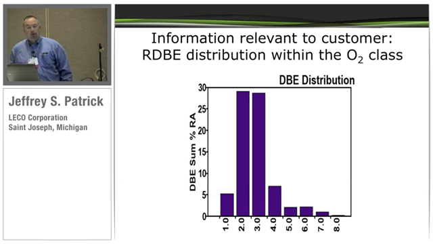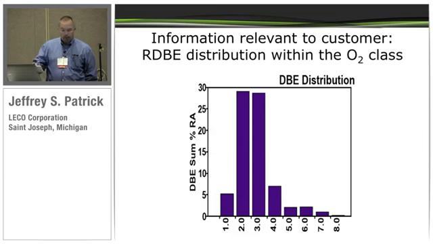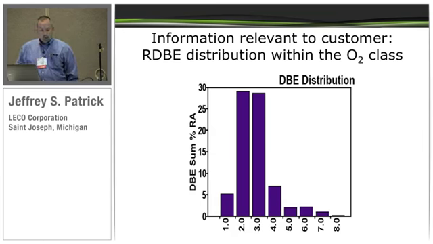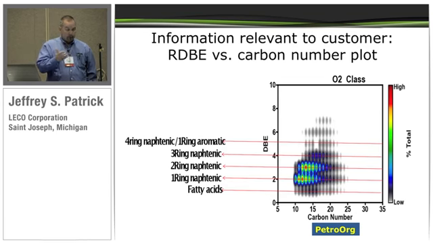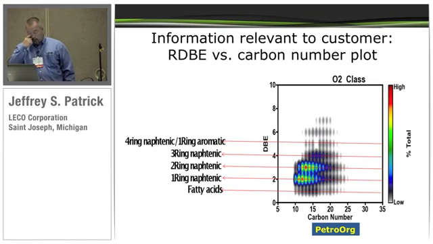We can also get information on double bond equivalence by processing with PetroOrg software, which again lets us see the distribution of compounds for processing purposes. And this can be put into different visualizations. Here a 3D plot or a heat map of sorts, which breaks down, again, the naphthenic acids into their different forms, indicating the rings and the complexity versus either carbon number or double bond equivalence.